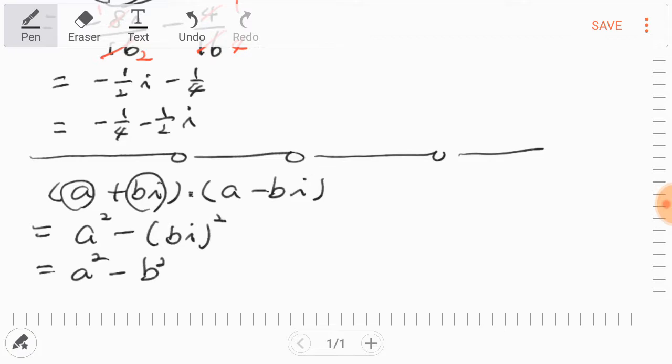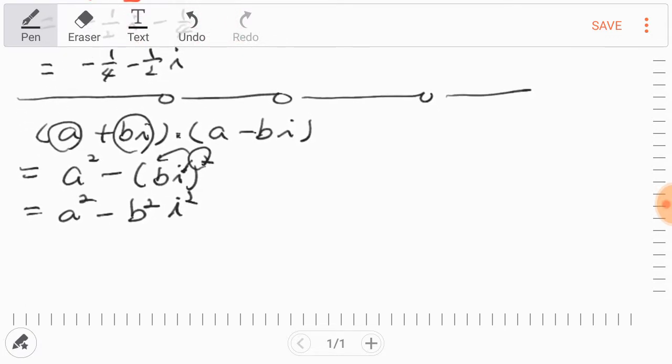Then a squared minus b squared, assigning the power to each factor in the base. So b squared times i squared, and this is equal to a squared minus b squared i squared, and i squared is equal to negative 1, and finally becomes a squared, negative times negative is positive, so plus b squared.